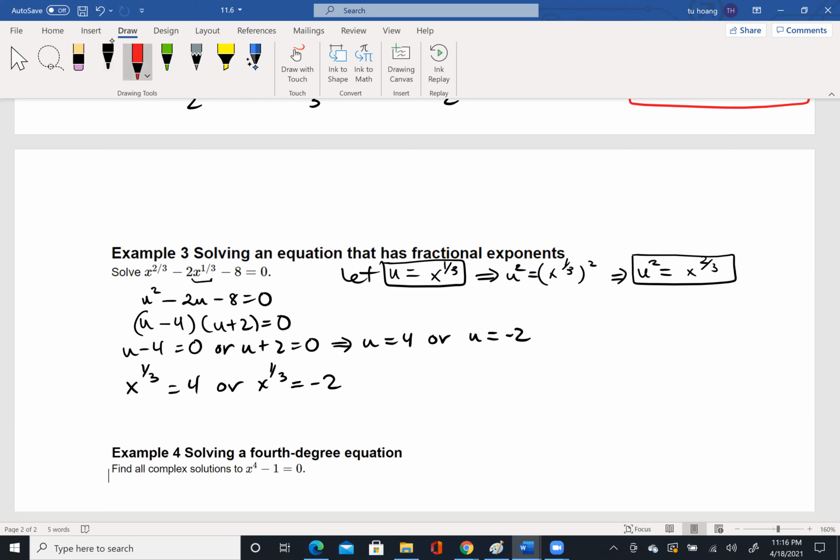For each case, I would like to raise both sides to the power of 3. Then I have x equals 4 cubed, which is 64, or x equals -8 as the answer. So we're done with this part.